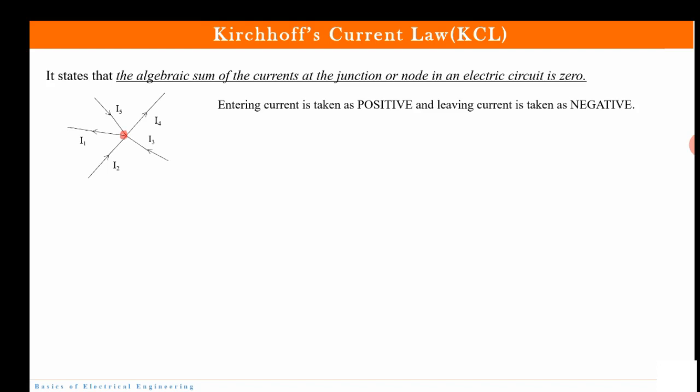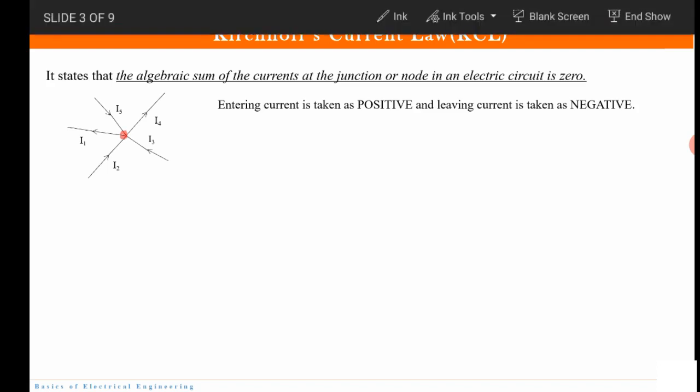Now how do we represent it? For that we need to take the direction into account. Okay, so for taking the direction, the entering current is what? If this is a node or a junction, if a current is coming towards it, then it is known as entering current. Now entering current is always taken as positive and leaving current is taken as negative.